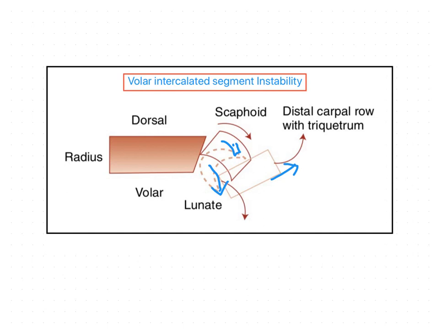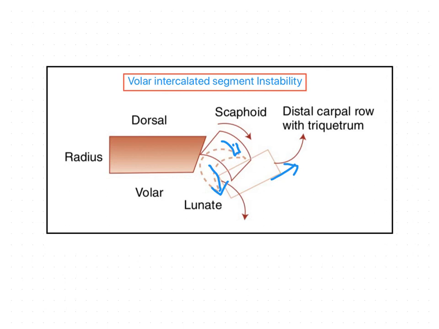The problems of volar intercalated segmental instability and dorsal intercalated segmental instability illustrate the importance of the proximal carpal row stabilization to wrist function.